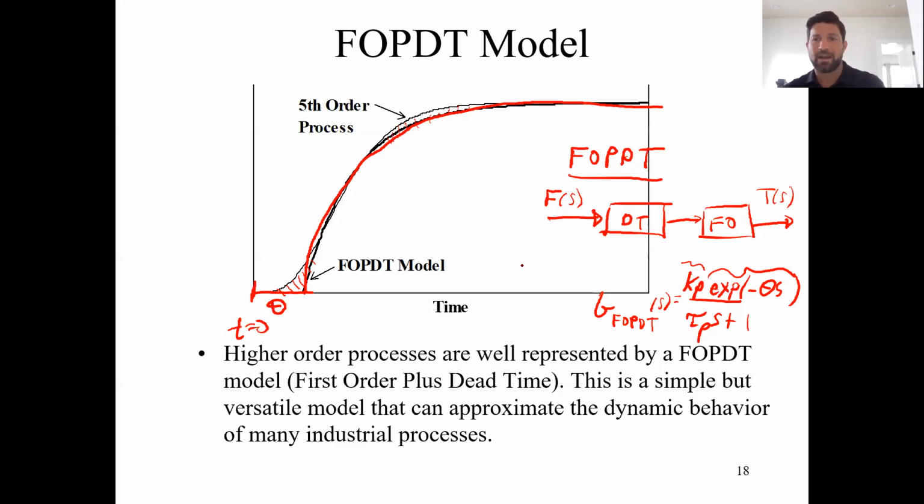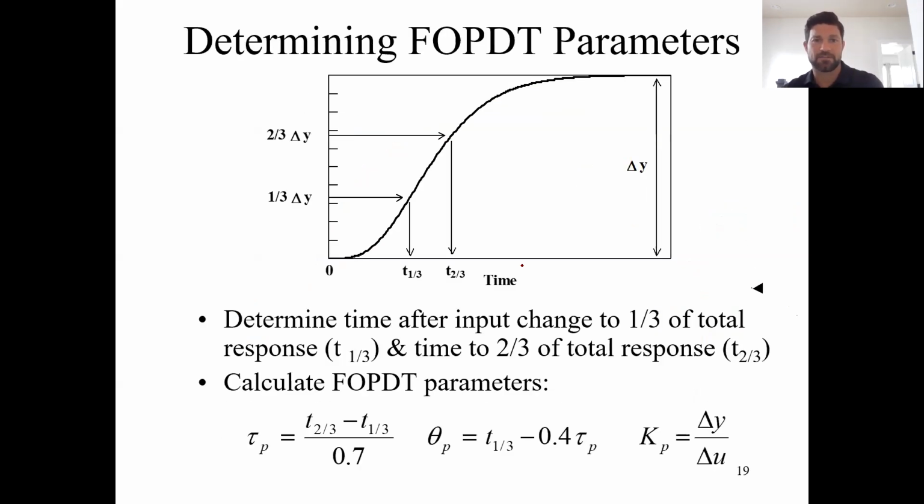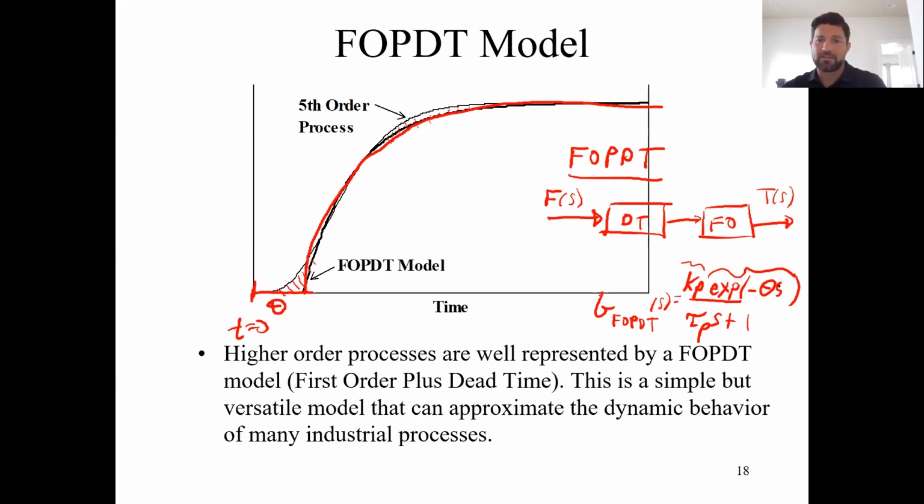Now, how we calculate this is specific to a first order plus dead time model. If we are given a first order plus dead time model, we can sketch the model response essentially as shown here, because based on the value given in the exponential, we can get the dead time. We have the gain. So essentially, we treat the first order process as starting after the dead time.